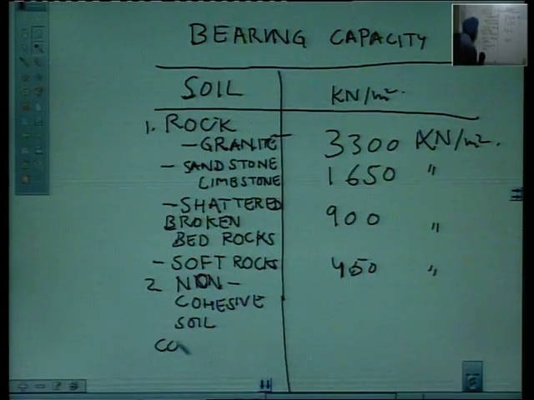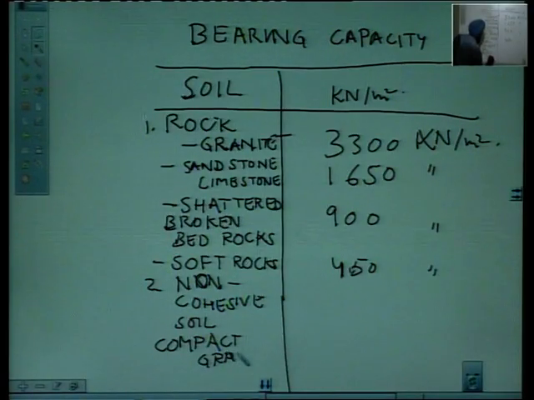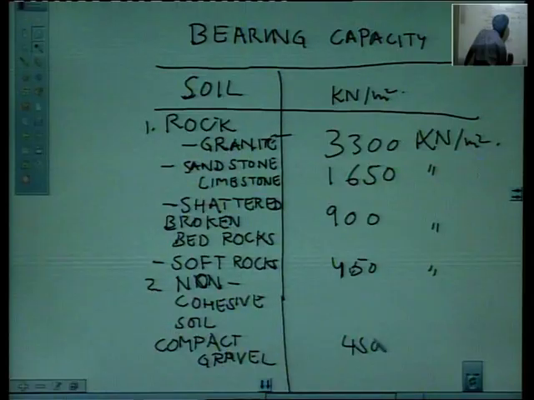Compact gravel is having value 450 again, which is nearly same as soft rocks.